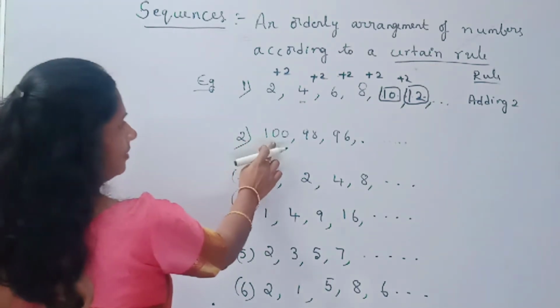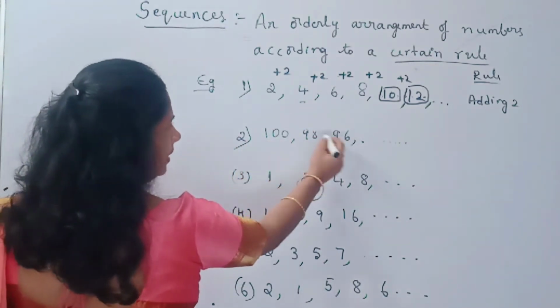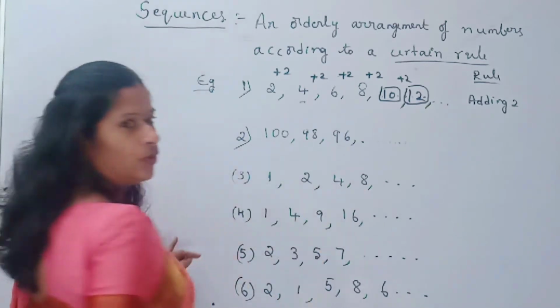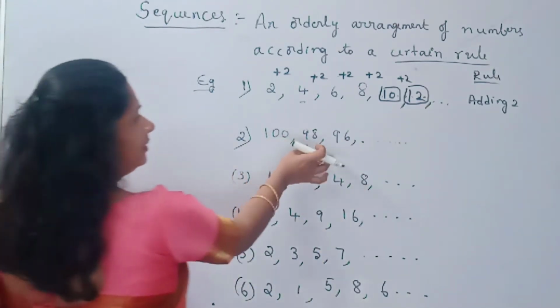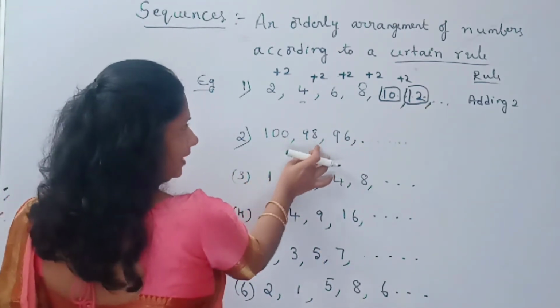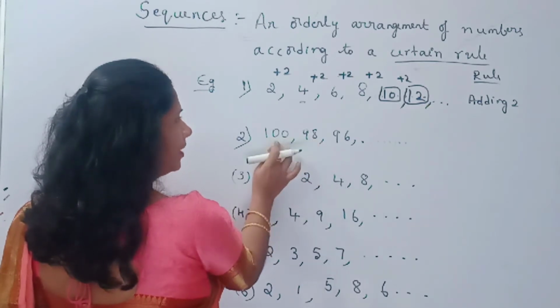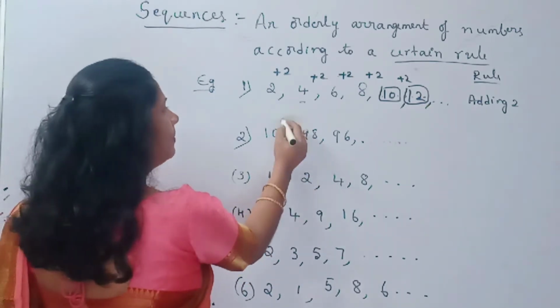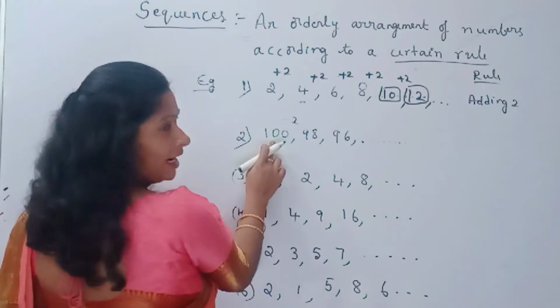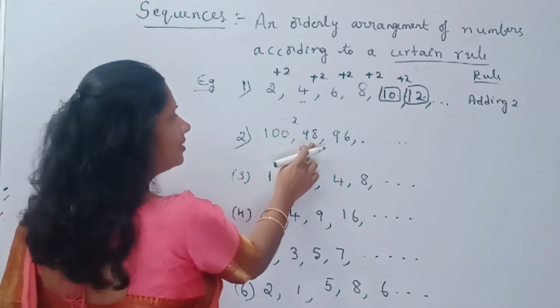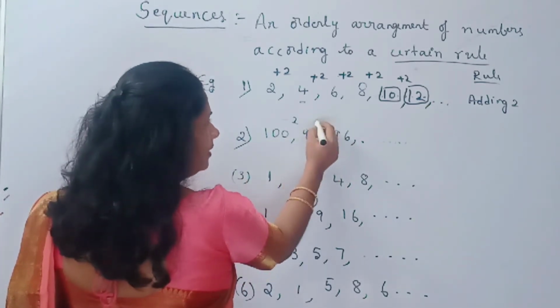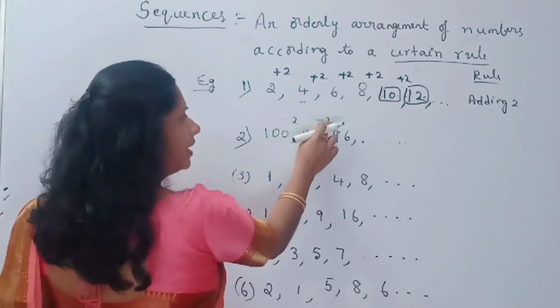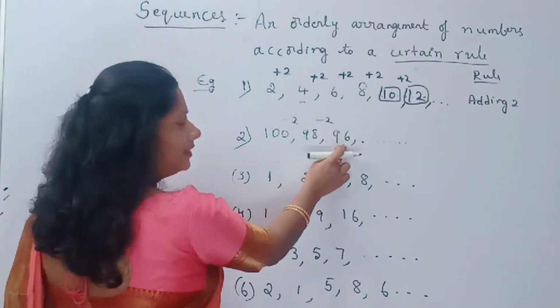Take the second example: 100, 98, 96 and so on. See the second term 98. How will I get 98 from 100? If I subtract 2 from the first term 100, I'll get 98. From 98 subtract 2, I'll get 96.